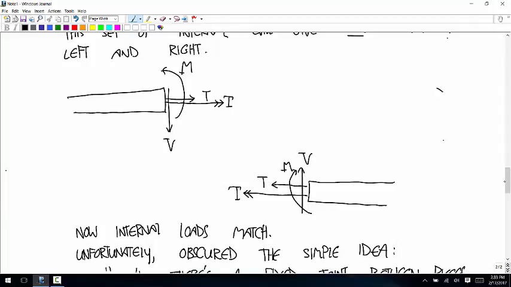That's fine. The torque lines up with the positive x-axis. The moment lines up with the positive z-axis. But this shear force is sort of odd. Like that's in the negative y direction, and that can be confusing why you do that. I don't know why, but that's just how it is. We didn't get to choose.